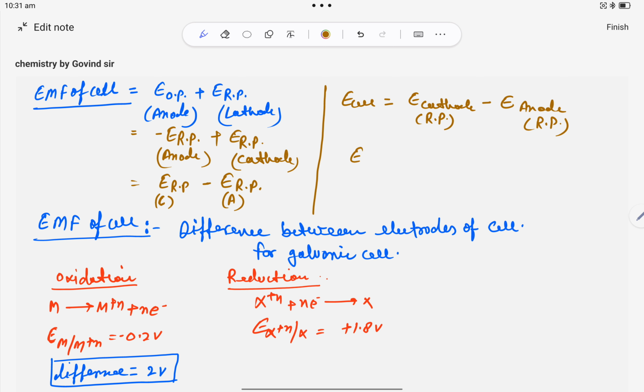So what formula you can use? This you can also use directly: electrode potential, E of cathode minus E of anode. In both the cases the reduction potential value you have to put. So E cathode means right cell, E right minus E left.